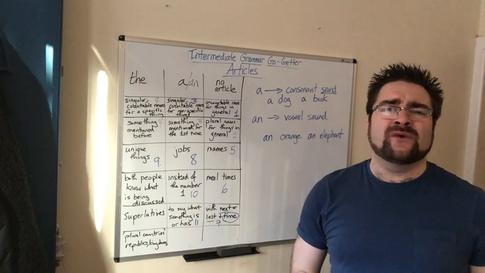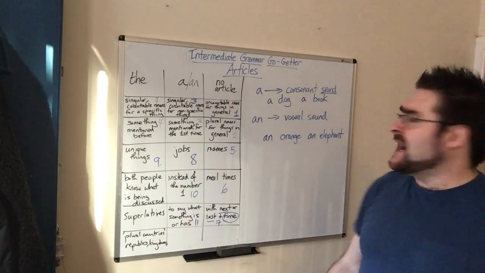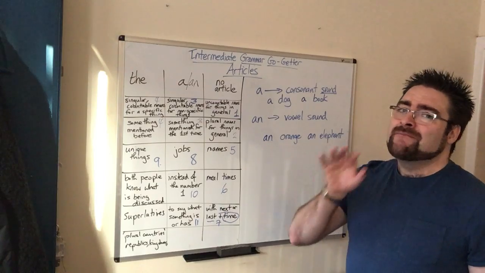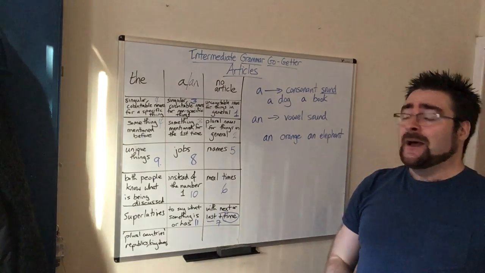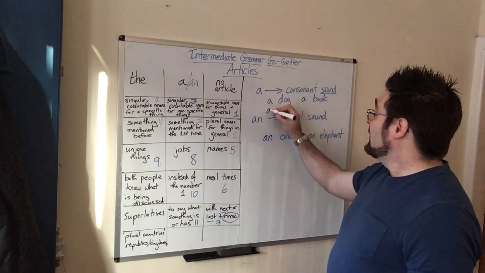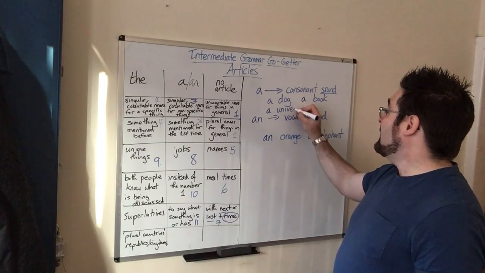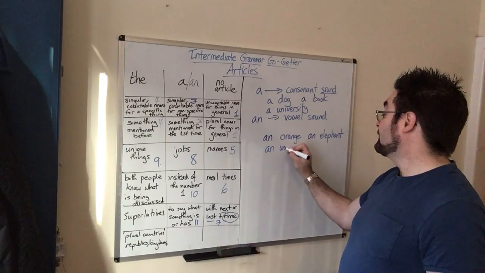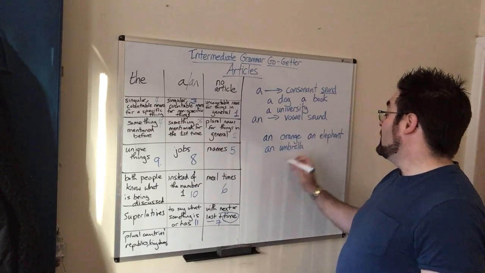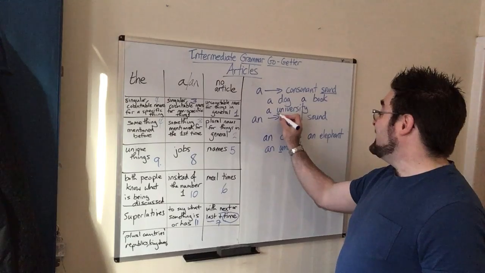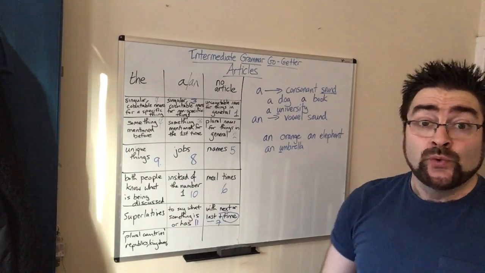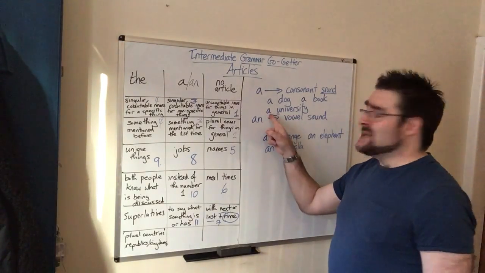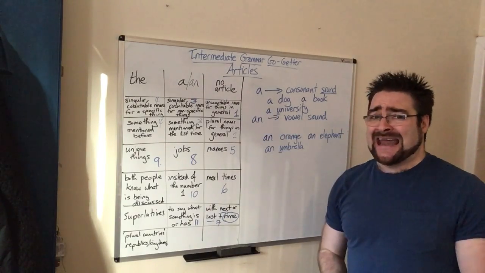Now you might be thinking, well, it's easier. I just look at the letter. Most of the time that's fine, but have a look at this. And this. Notice that the next letter in both cases is a U, but in this case we use a, and in this case we use an.